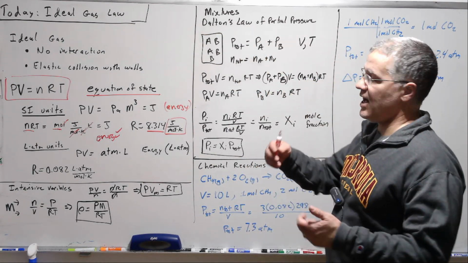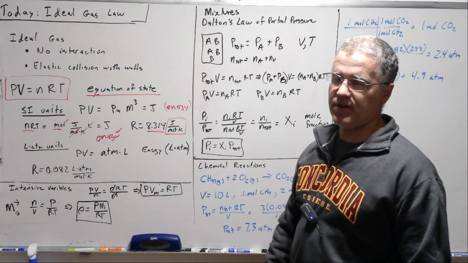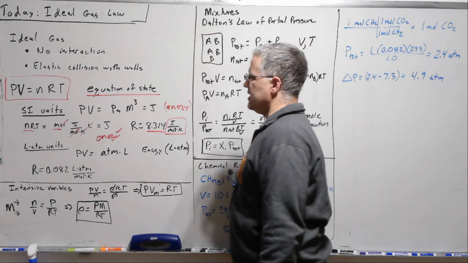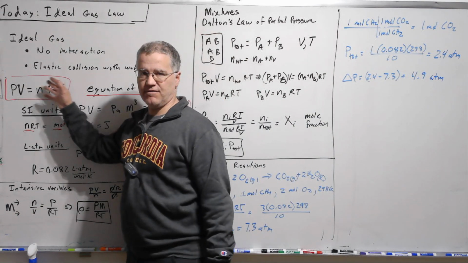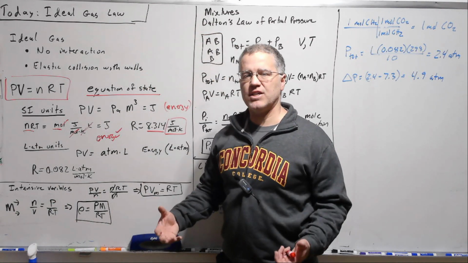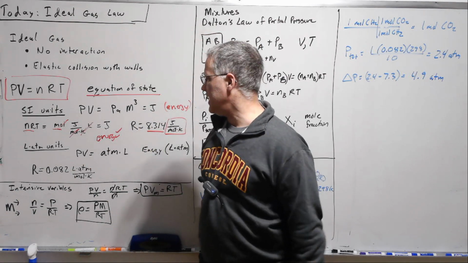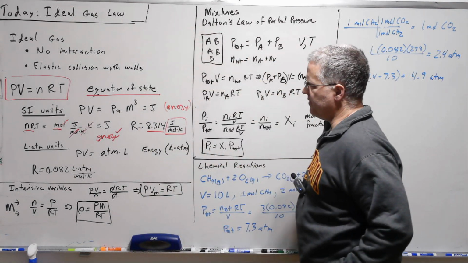Now, of course, we can algebraically manipulate this equation very readily, and that's what's really nice about the ideal gas equation, is that you can solve explicitly for any of these variables very, very easily. Most of the problems that you'll run into in the book when you're practicing this are just having you rearrange that equation and solve for the various components.